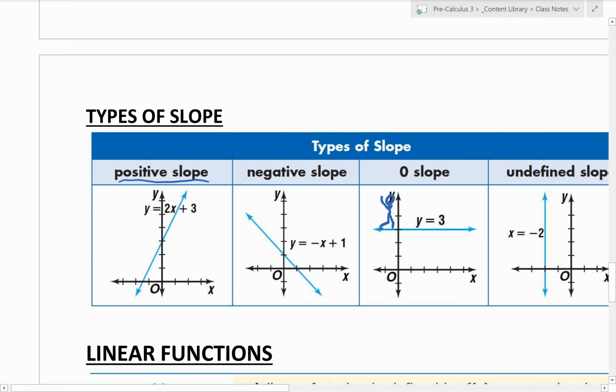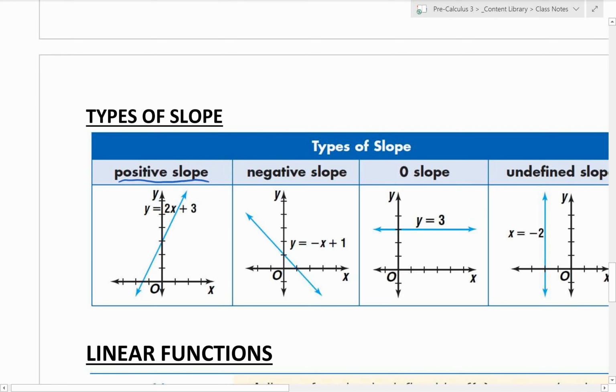Zero slope means flat ground. And you'll notice in the equation, if you have zero slope, then m is equal to 0. So when you multiply 0 times x, that term drops out, and you're left with just the y-intercept. Y equals 3, there's our y-intercept. Zero slope means the x term drops out.